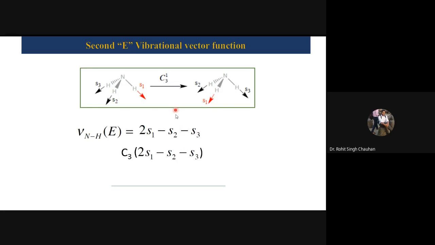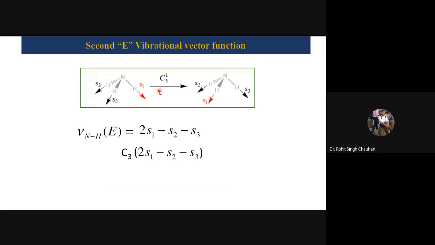What you do is operate this C3 on this. Here, if you are moving towards a higher molecule where the principal axis of rotation is C4 or C5 or C6, then you will operate this function with respect to C4 or C5 or C6.